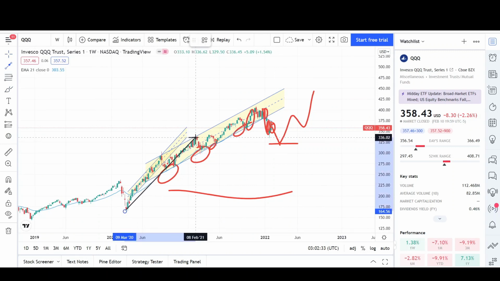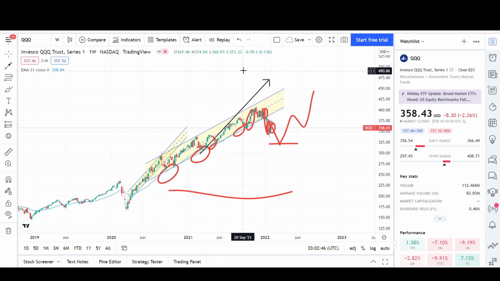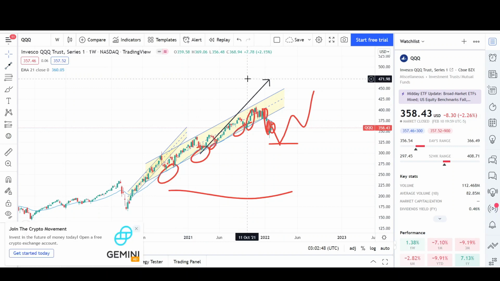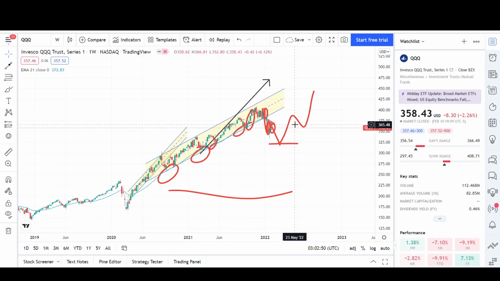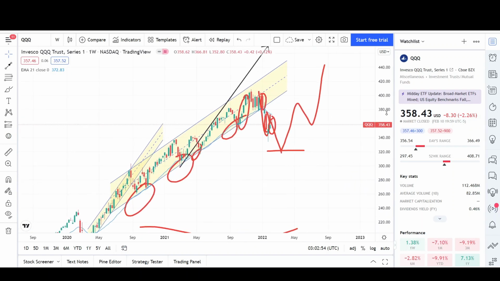You can see that this looks like we got a first leg up right here, but then the second leg is already reached. But if I combine maybe all these legs right here, maybe something like that, it doesn't really fit that great. A target is right at the 471 level, but as more price develops on the chart, I can give a better long-term target for the QQQ.